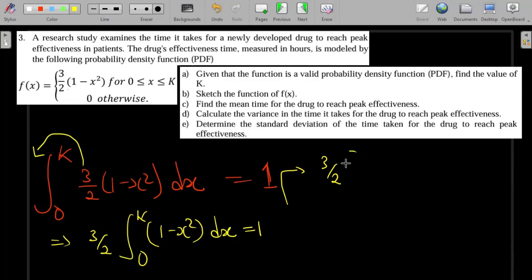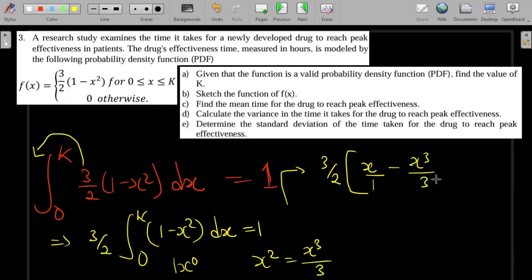When we integrate 1, 1 is the same as 1 times x to the power 0, so I add 1 to this power and I'll just get x divided by the new power, which is just 1. And then I go to the other one, which is x squared. I add 1 to this power to get x to the power 3, and I divide by that same power. So it will be x cubed divided by 3, and then the limits are 0 and k. This should be equal to 1.